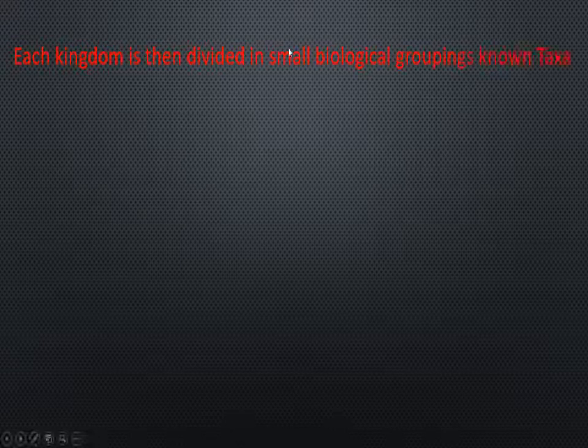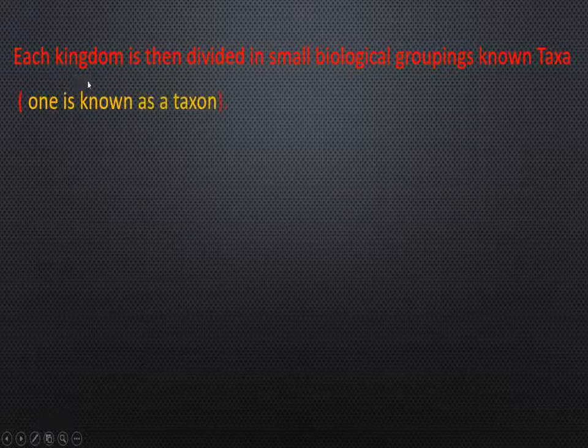Each kingdom is then divided into small biological groupings known as taxa. If it is one, then it is known as a taxon. These very important groupings, we can't leave them out.